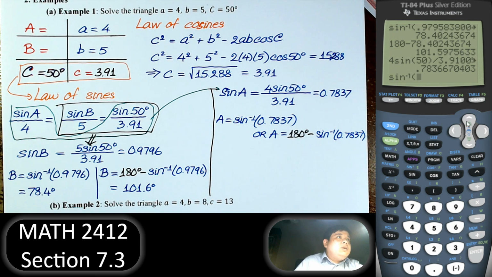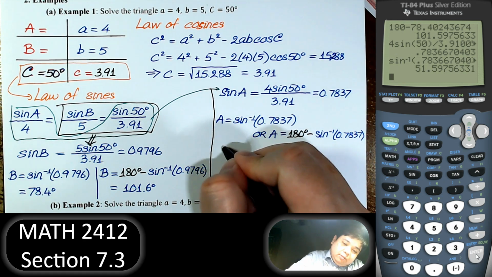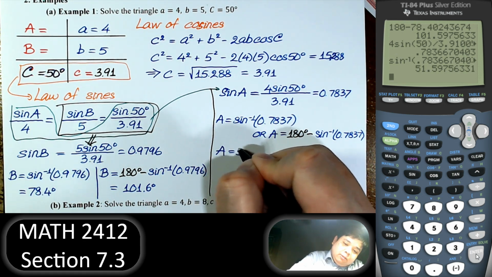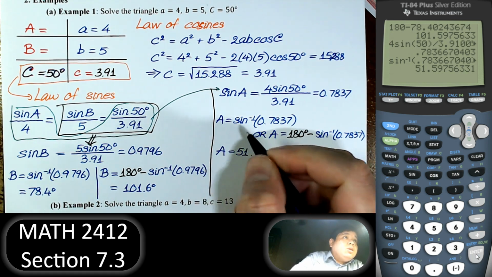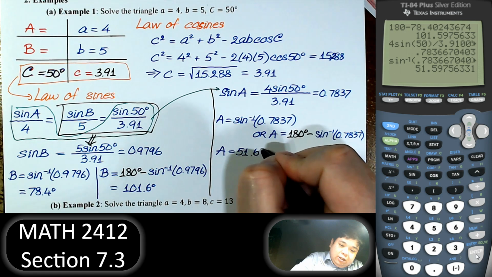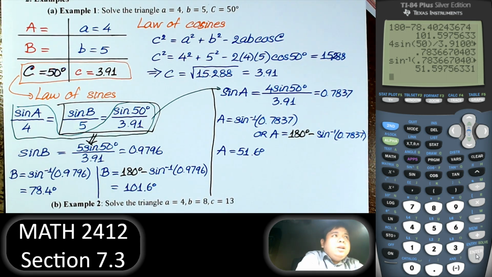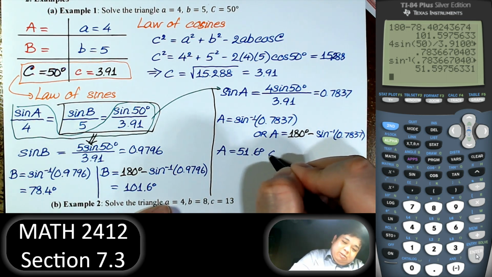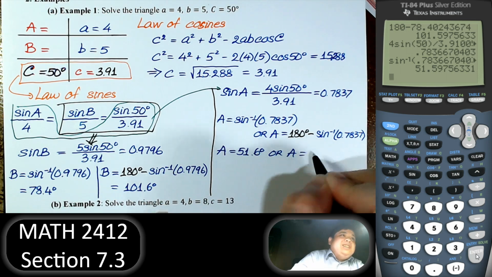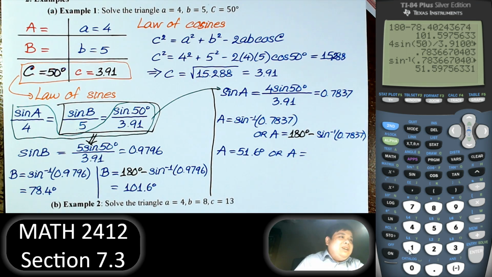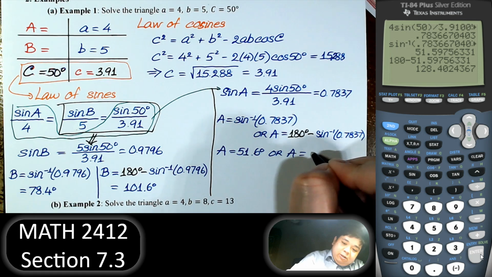Sine inverse gives 51.6 degrees. Now think about this. Of course, let's just find the other one. Think about that later. 180 minus that is 128.4.